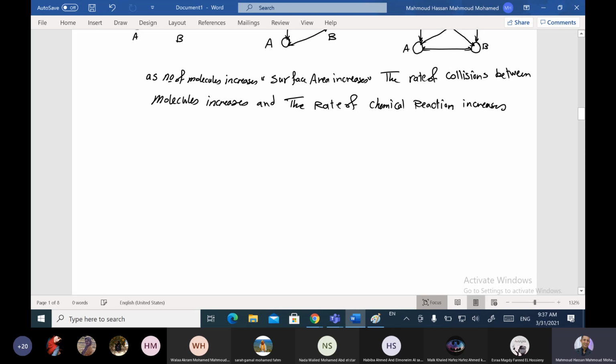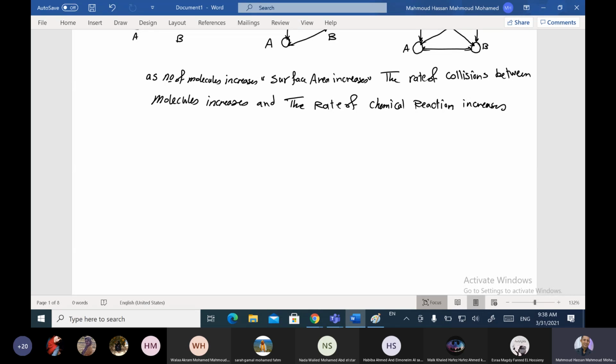Let's talk about the second factor that affects. Can I ask a question? Yes. Why did we say that molecularity does not affect the rate of reaction? Molecularity is the number of molecules that enter according to the limiting reactions. But we said in this case, the molecules react.